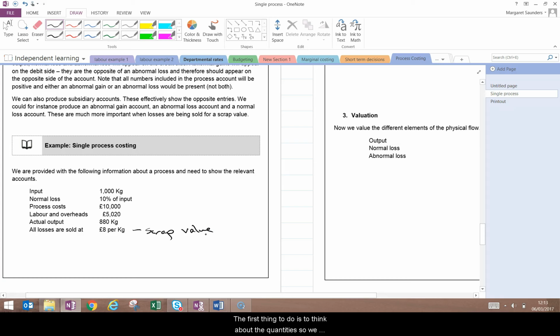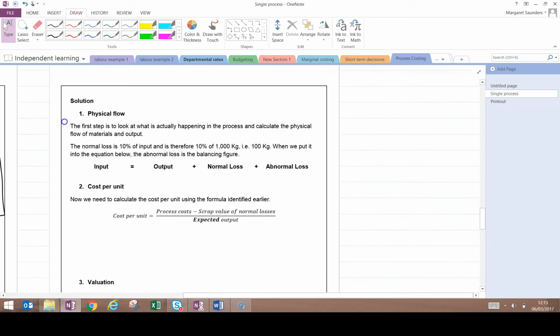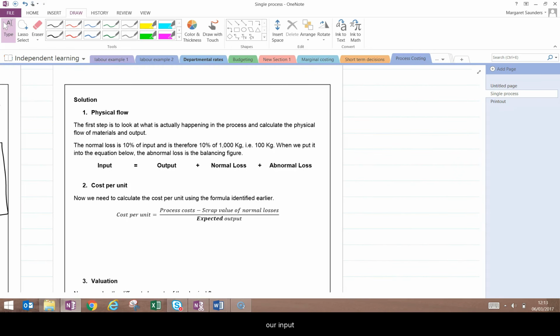First thing to do is to think about the quantities. So we need our physical flow. So our input is 1,000, normal loss is 10%, our actual output 880. So if we look at putting those figures into the physical flow. Right, so our input, 1,000 kilos.